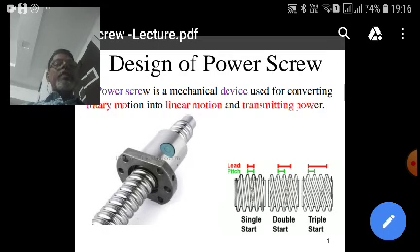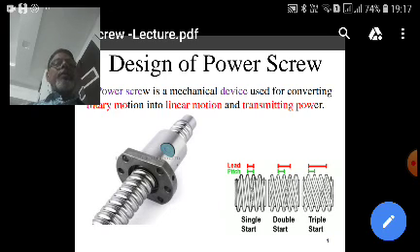In single start thread, generally the threads which we are using for the screw, it is a single start thread. So lead is equal to the pitch. Now pitch means what? If you consider one point on the thread profile and another point on the consecutive teeth at the same position, and if you measure the distance along the axis, then that distance is called pitch.